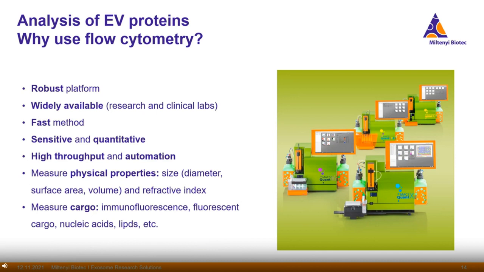Unlike other methods, it enables the rapid measurement of multiple physical and biological properties of cells or particles as they pass in suspension through one or more laser beams. Thus, properties like size or immunofluorescence can be easily measured and quantified.